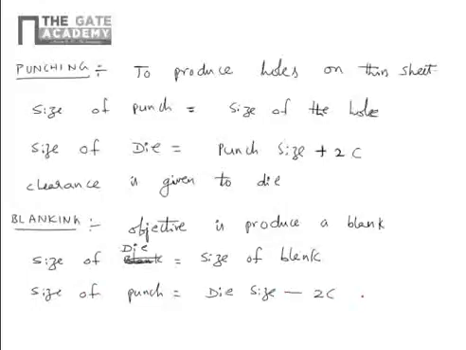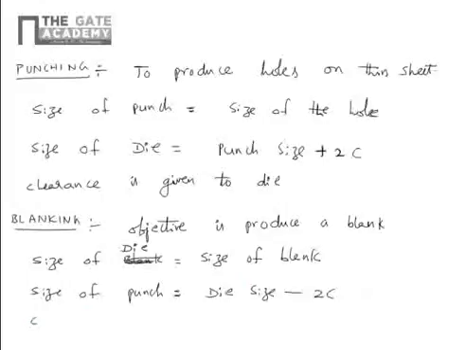Here, first, in the problem he will ask you the size of the blank produced. He will give the size of the blank produced and he will ask the die size or size of the punch. If you want to produce a circular blank or coin shape component of diameter 10, that is called die size is 10. So punch size is always less than die size, so you have to subtract clearance.